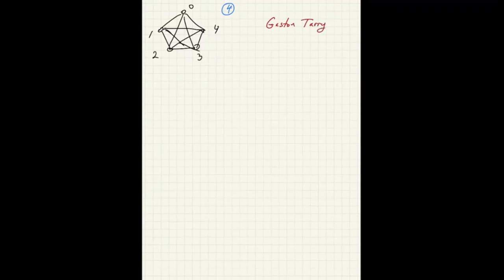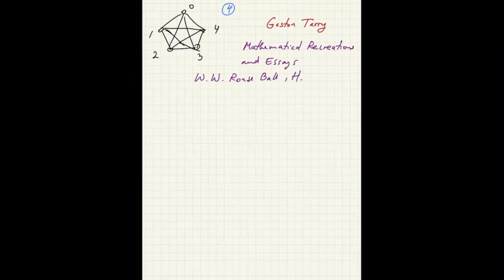You can find this description in a very nice book called Mathematical Recreations and Essays, written by Walter William Rouse Ball. The newer edition is with Harold Scott MacDonald Coxeter. These are some famous mathematicians. And in this, we'll talk about Gaston Tarry.